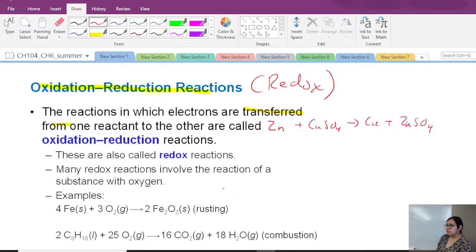We were talking about metal plus non-metal. How do we make our tasty salt in the lab?